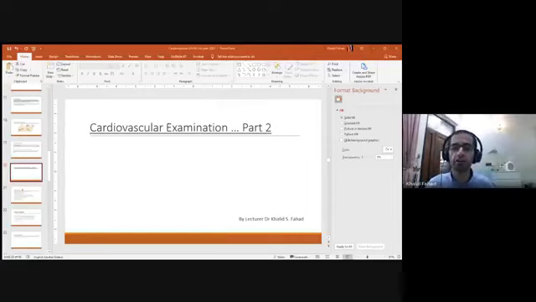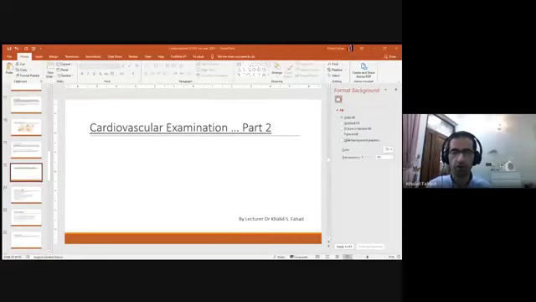While on the other hand, the tricuspid area, which is just lateral to the left sternal edge, is usually constant in position, in addition to the pulmonic and aortic areas. So these are fixed points, except for the mitral auscultatory area. Clear, students? I hope that this is very important, fundamental in cardiac auscultation.